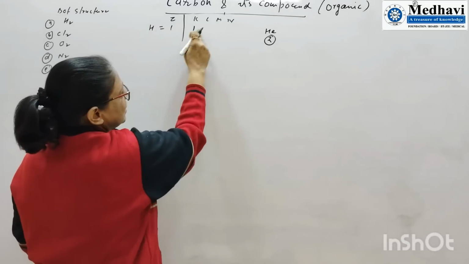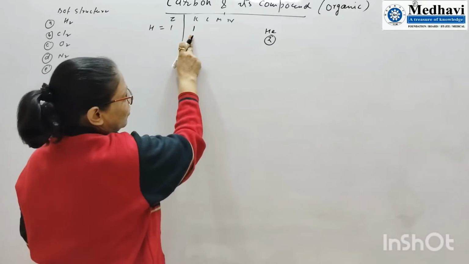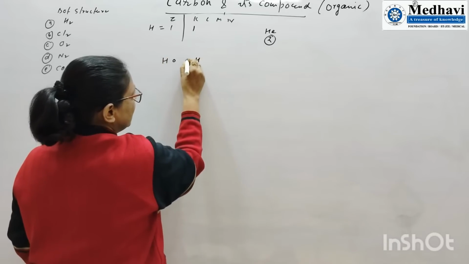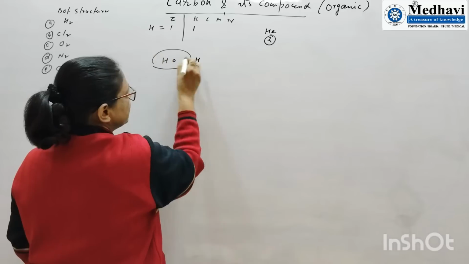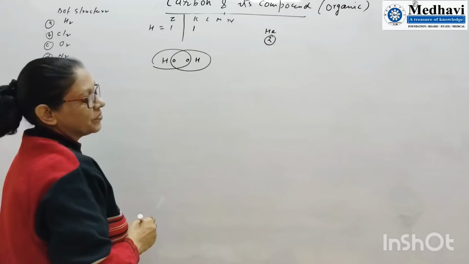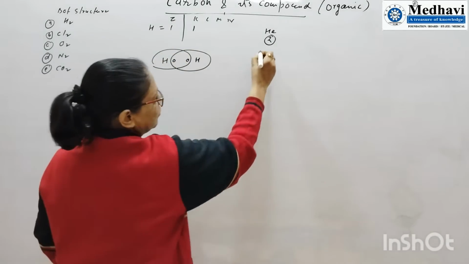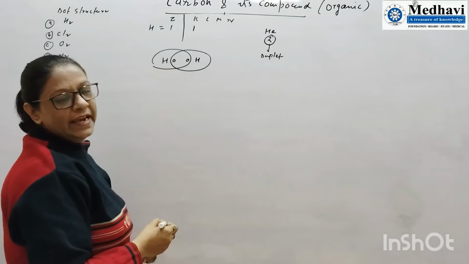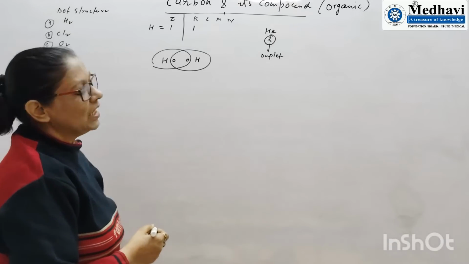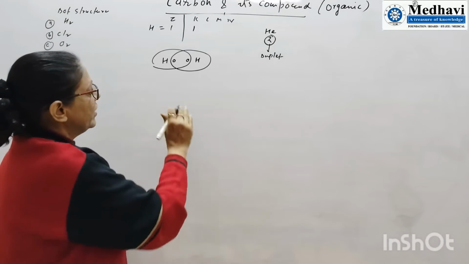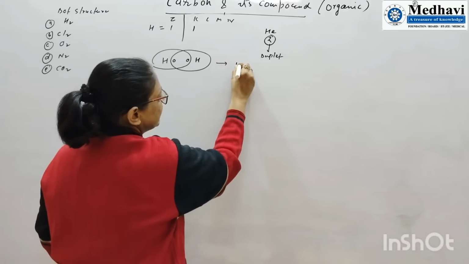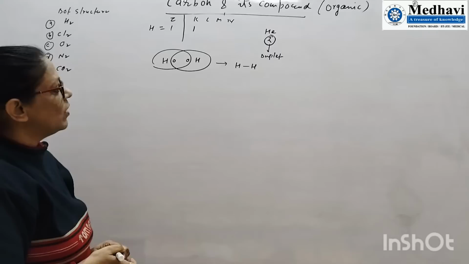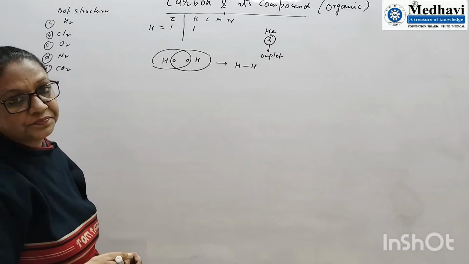If hydrogen acquires 1 electron or shares 1 electron with another hydrogen, then it gets this duplet configuration. For 2 electrons we use the word duplet, and for 8 we use octet. Both are required for stability. So we can say that there is sharing of 2 electrons between 2 hydrogen atoms to become stable.